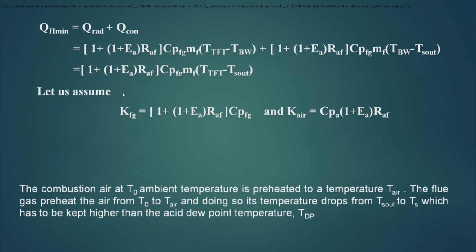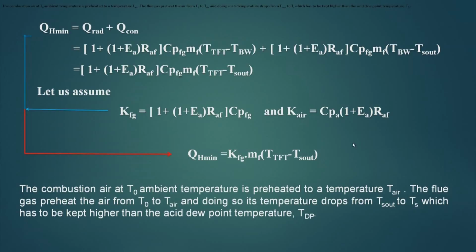Now, let us assume Q F G equal to this and Q R equal to this. So, we can substitute the values here and we can have Q h minimum equal to Q F G M F in the brackets T f t minus T S out.